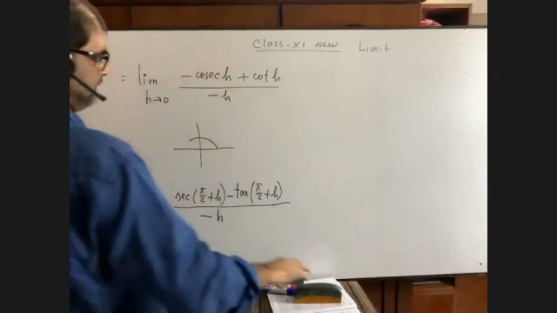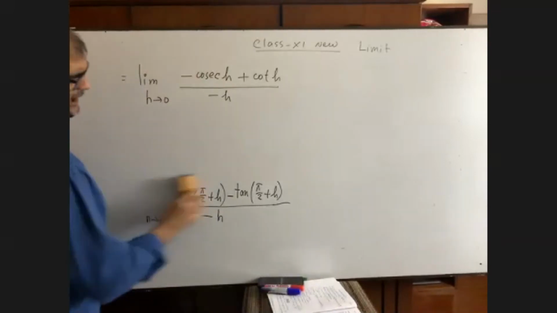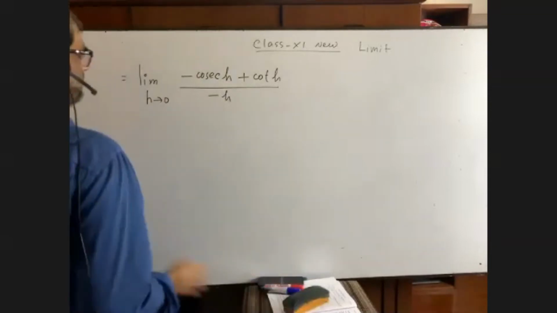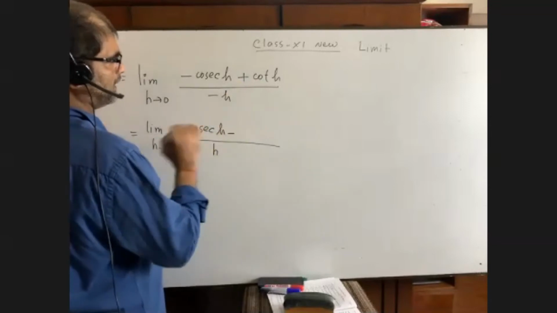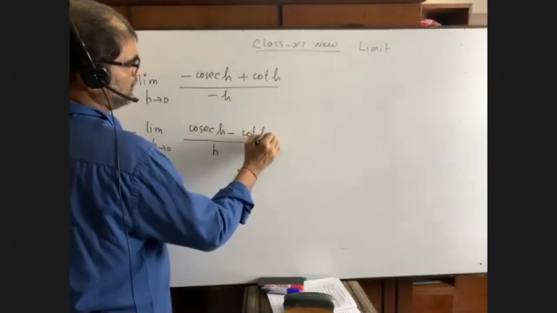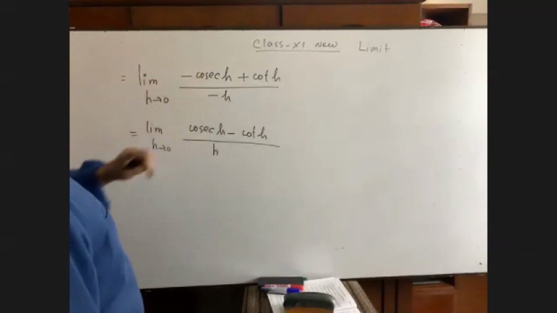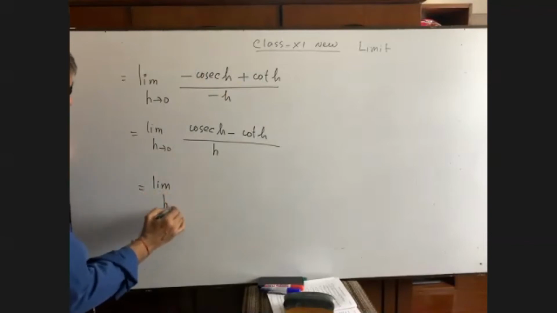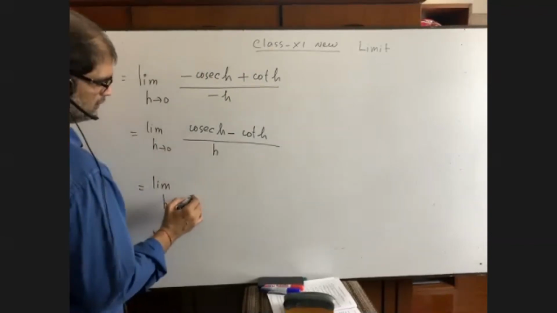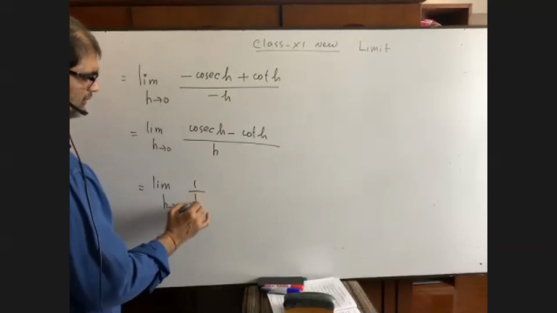Talk to me. Now you can do it, calculate. Nothing is left but cosec over minus cot. Now is it okay? Yes, sir. I have multiplied both the numerator and denominator by minus 1. Limit h tends to 0.